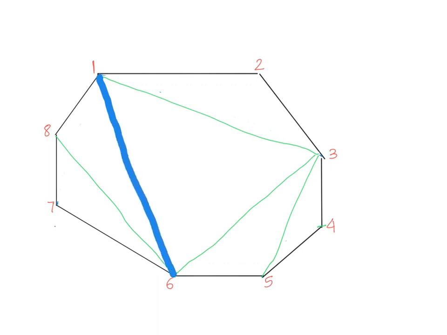Right? So now, if I look at the left half and the right half, of course, because it's the minimum cost triangulation, you'd have the minimum cost triangulation of the left half and the right half.